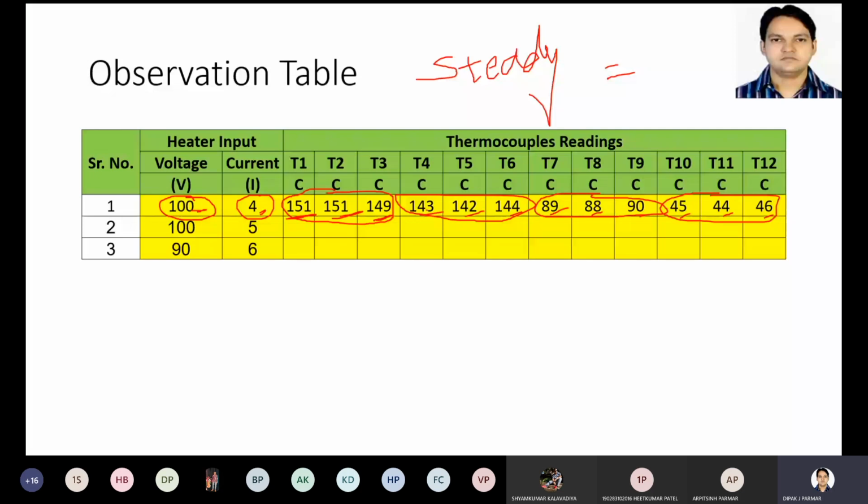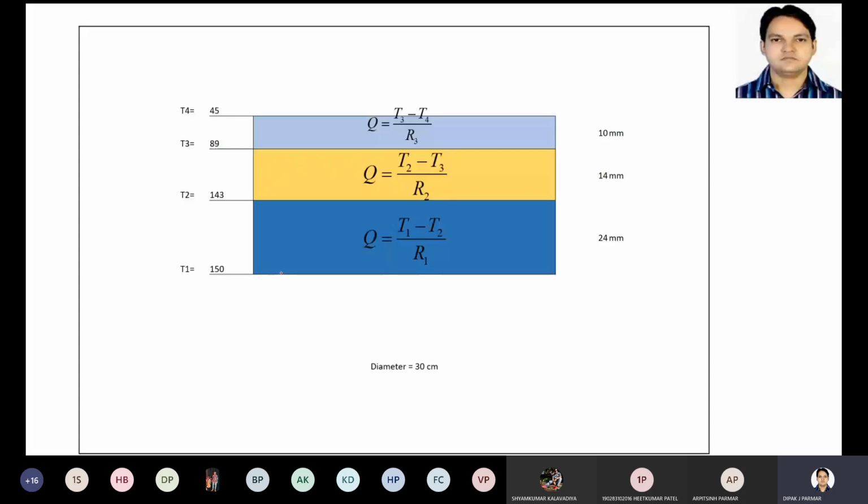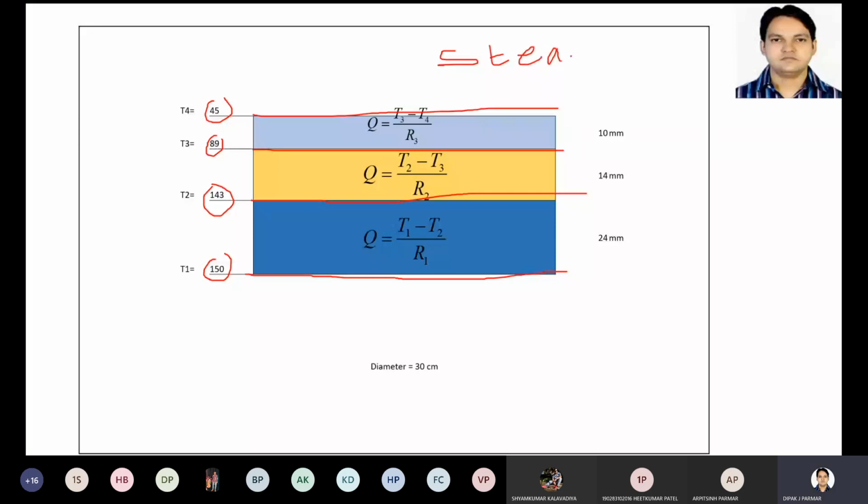So this surface temperature comes to 150, this one comes to 143, this one comes to 89 and this one comes to 45, which is at steady state condition. As I mentioned, again I am repeating, you have to wait till steady state condition is achieved. So now temperatures are known to us, Q is known to us, that is V into I.